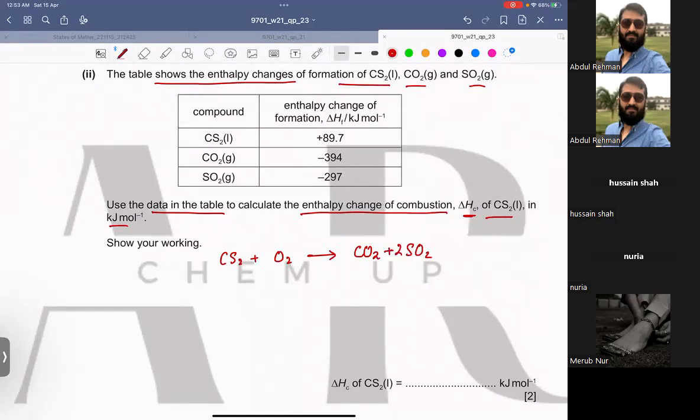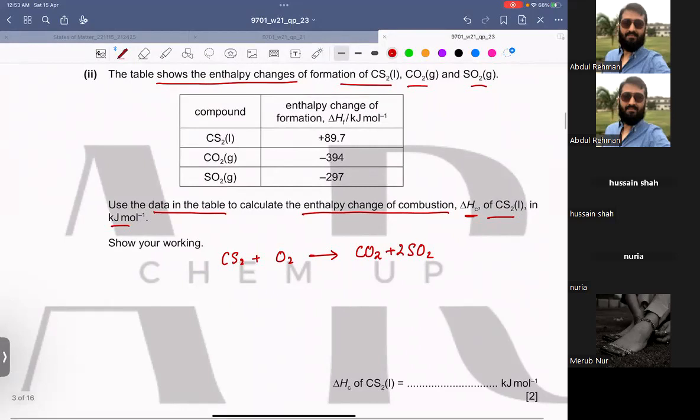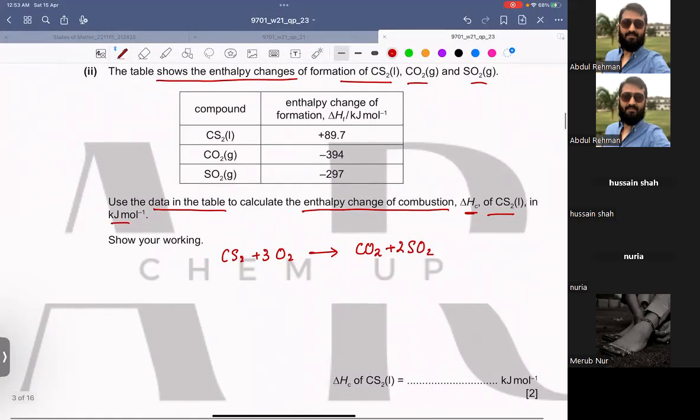To balance this, I have to put 2 over here, so 3 moles of oxygen over here. Is this clear?